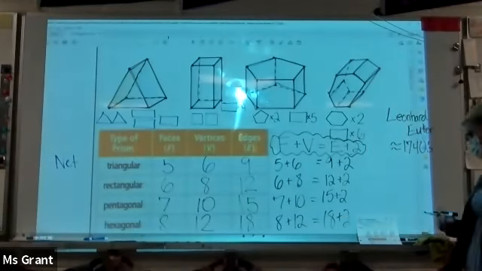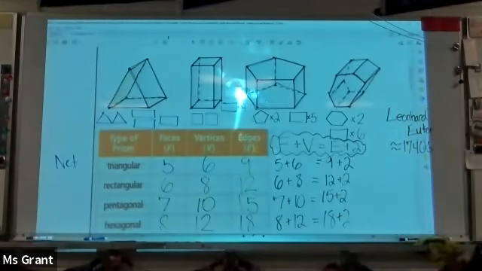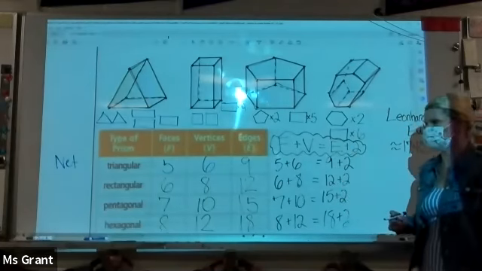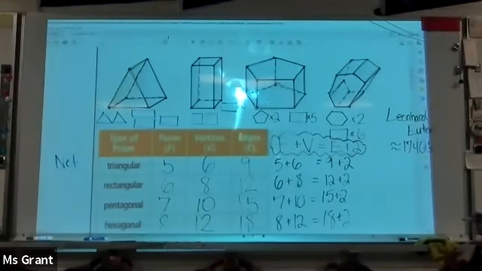So that's Euler's formula. The sum of the faces and vertices is 2 more than the number of edges.